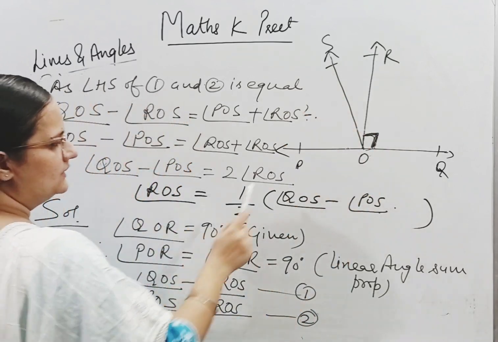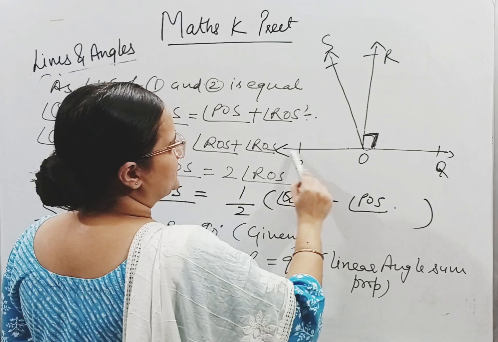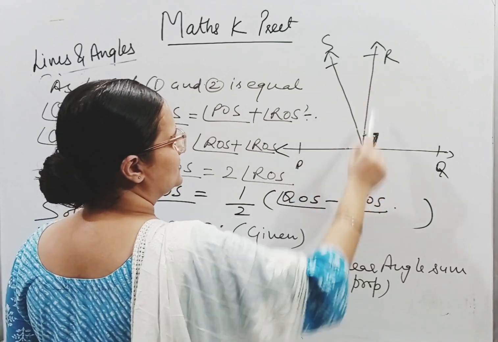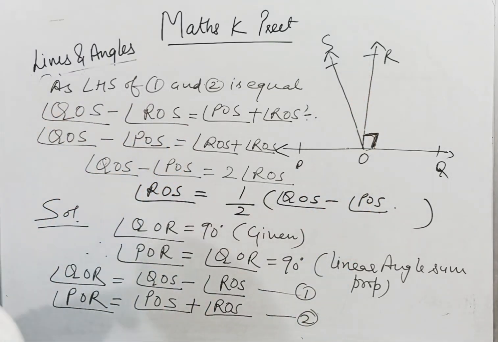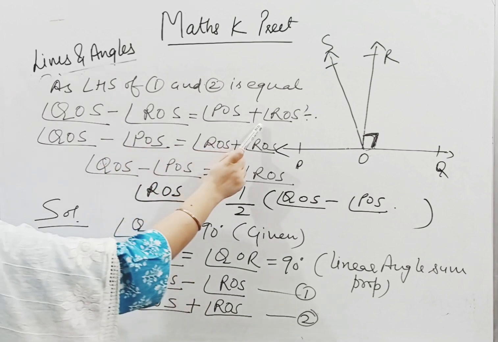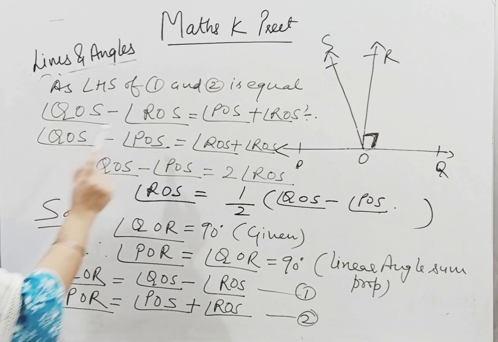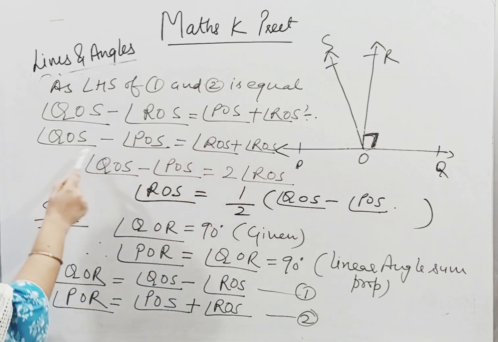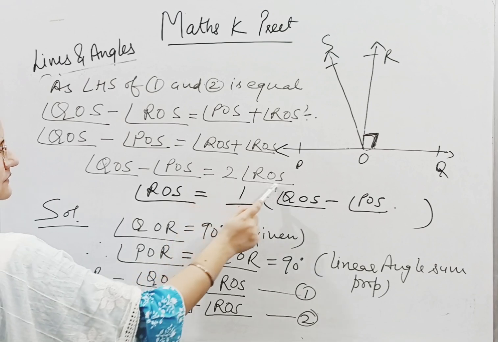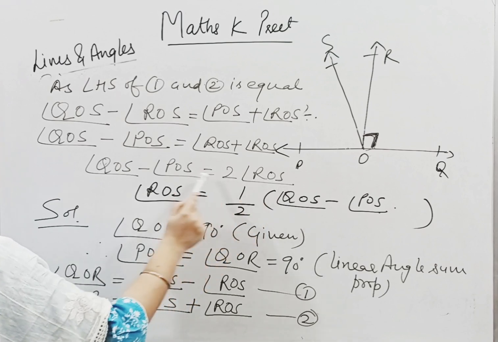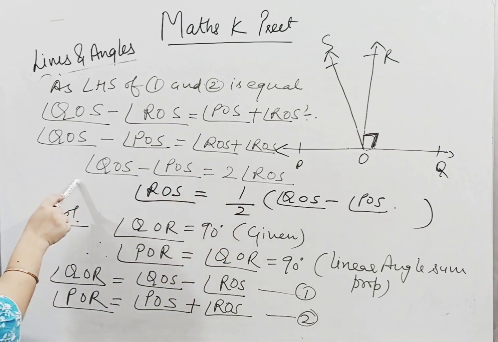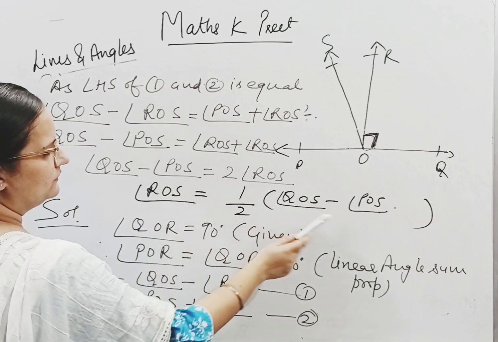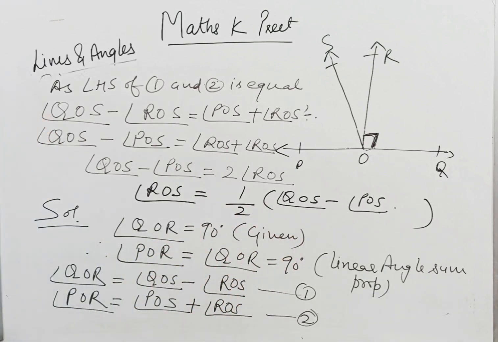This is number 1. Now POR can be written as POS plus SOR or ROS. This is number 2. Now these two angles are equal, so we can equate the right hand sides as well. By equating, we take ROS to one side and the rest of the material to the other side, so I am getting 2 times ROS on one side. We will take this 2 down to the denominator and we will reach the result.